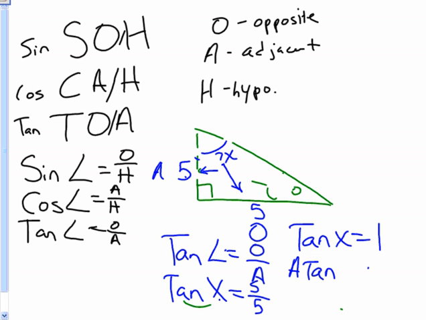Is there an anti-tangent key on your calculator? Yes. So all you really have to do is take the arctan of 1. What's the arctan of 1? 45. So if you're trying to solve for the angle, you do the opposite of whatever that function is. Does that make sense? All right, so let's do another one, because this is probably the hardest of the group.